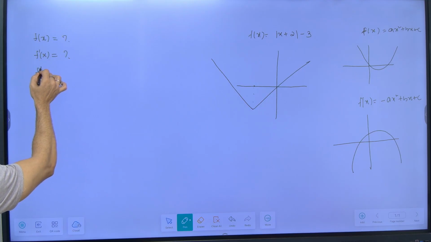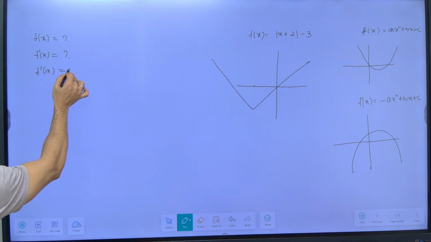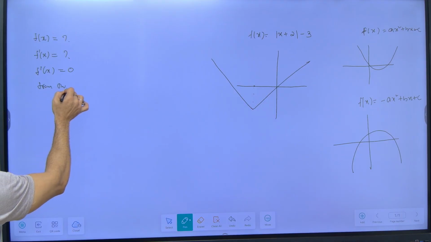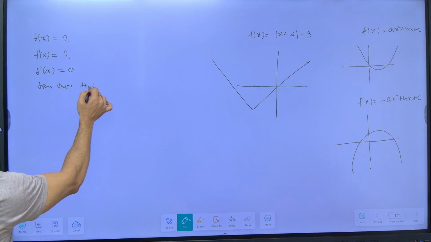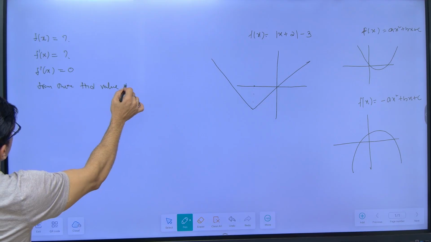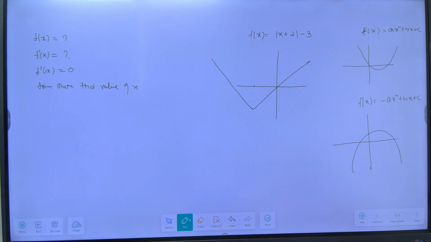Once you get the derivative, put that derivative equal to 0, and from there find the value or values of x.